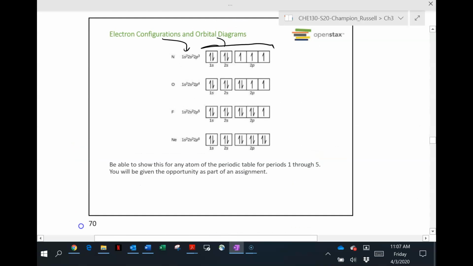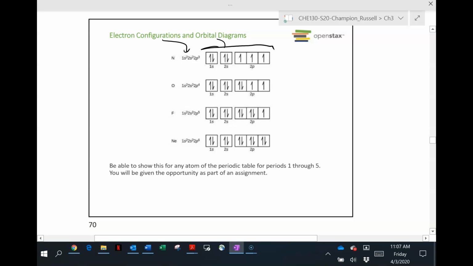The other way, as I mentioned before, orbital diagrams can also be written going vertically. If the energy is increasing, we could write it 1s, 2s, 2p, like so. For example, nitrogen would be 1s2, 2s2, 2p3, and we're obeying Hund's rule.